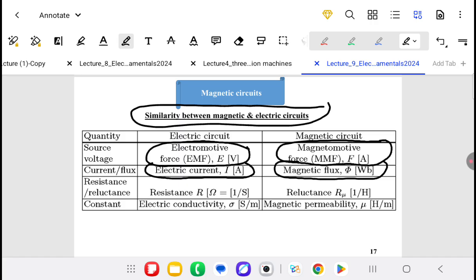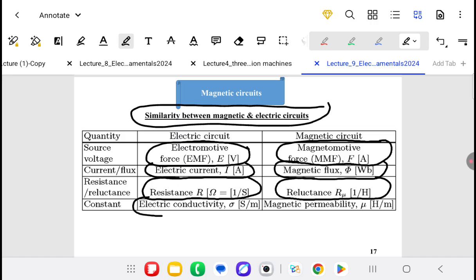For the resistance, which is the resistance of the wires to the passage of current, measured in ohms, the similar quantity in magnetic circuits is the reluctance, which is the resistance of the magnetic path to the passage of flux.